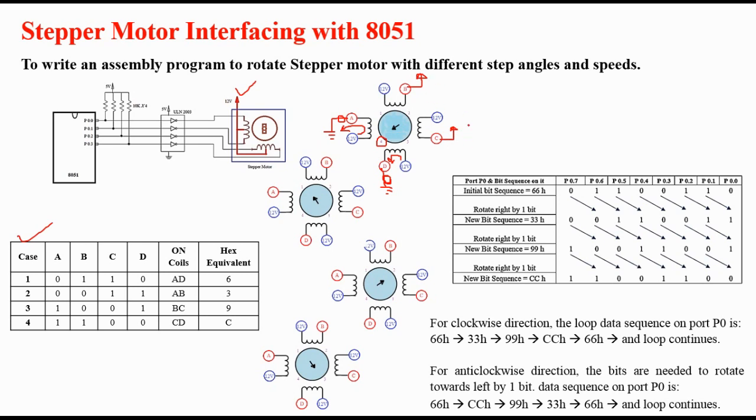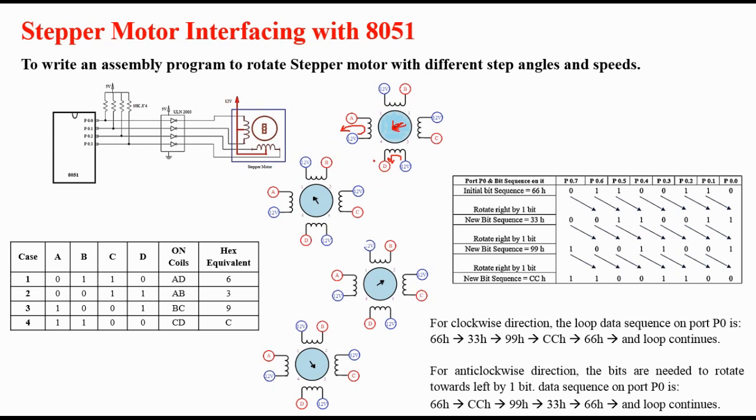Fine. So just because of that, no current will flow through those coils and current will start flowing through the A and D coils. So those coils will get energized and the shaft will come at this place as shown in this figure.